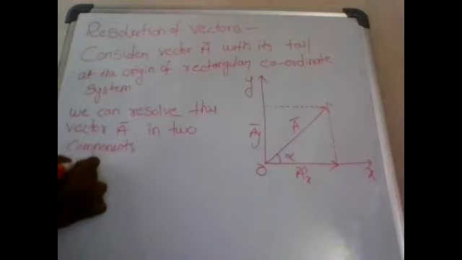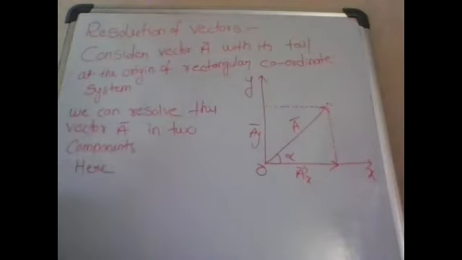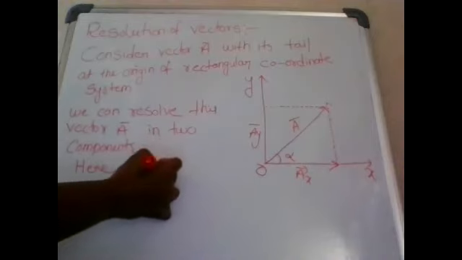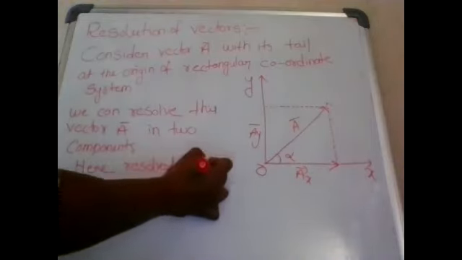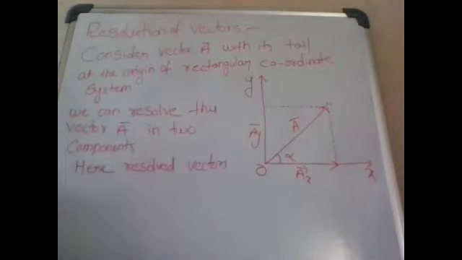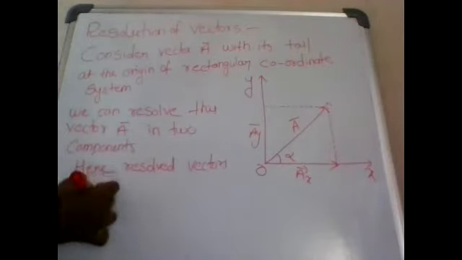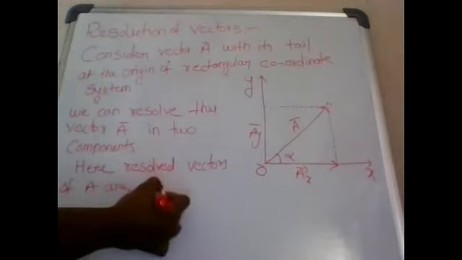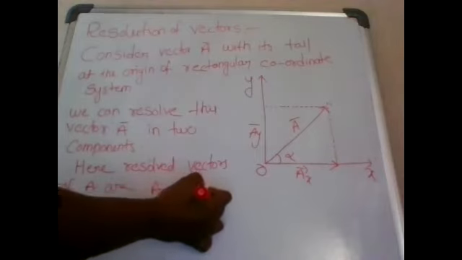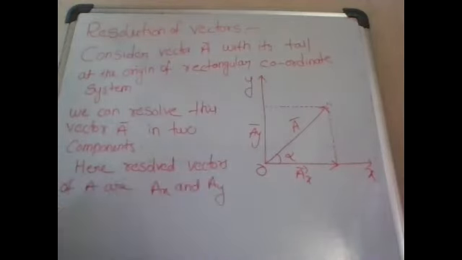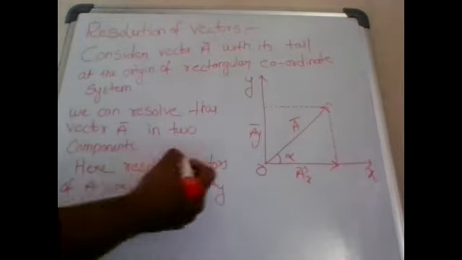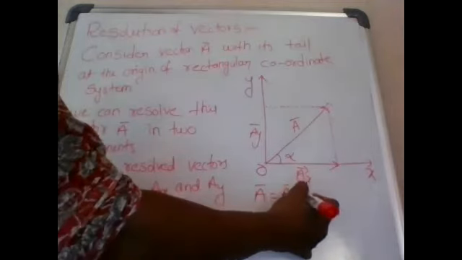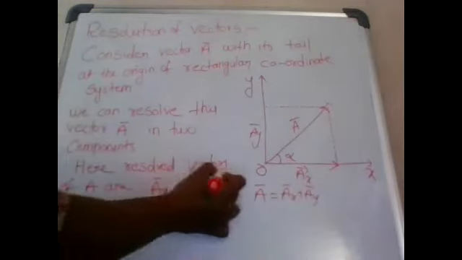The resolved vectors of capital A are A suffix x and A suffix y. Then A bar equals A suffix x bar plus A suffix y bar.